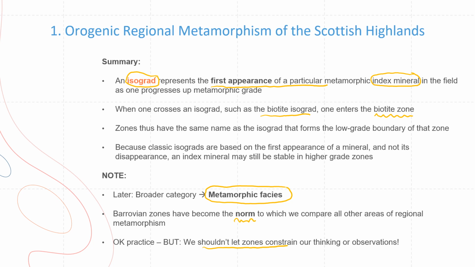So in case you come across an area and you're thinking, oh, after biotite is chlorite and after chlorite is this mineral, but you find a different mineral instead, you shouldn't let the zones defined by the Barrovian sequence constrain your thinking or observations in your field area.